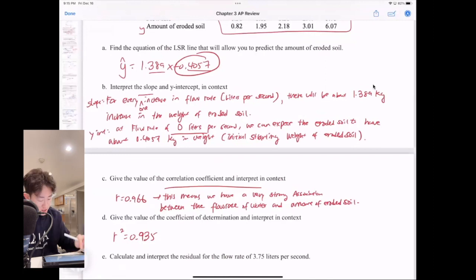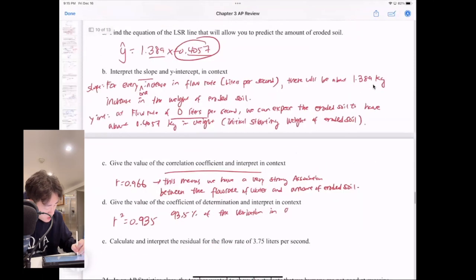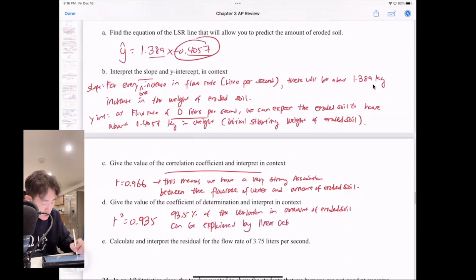And let's take a look at D. 93.5% of the variation in the response variable here, which is the amount of eroded soil, can be explained by the linear relationship, or you can say the LSRL.